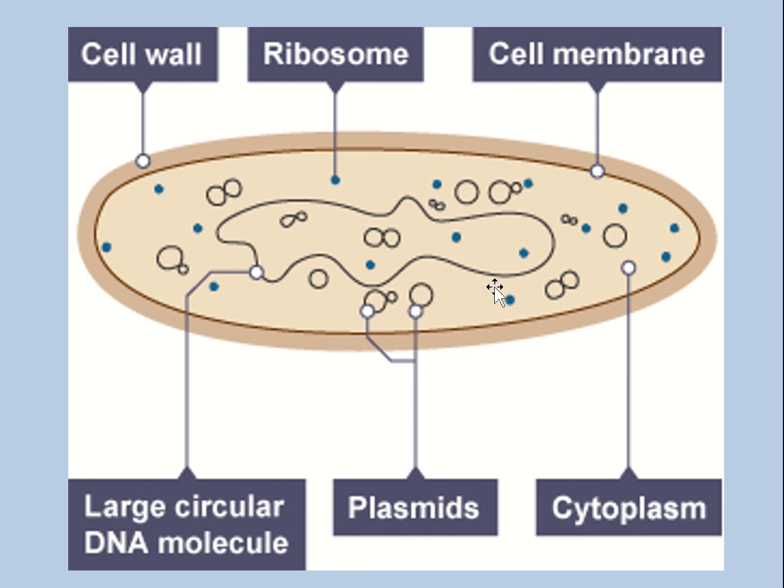Plasmids are these little tiny circles of DNA, and these are a good way of sharing genetic information with other bacteria. What they can do is form, it's a little bit like a gap here with the next bacteria, and they can actually send through the plasmid and send through genetic information.